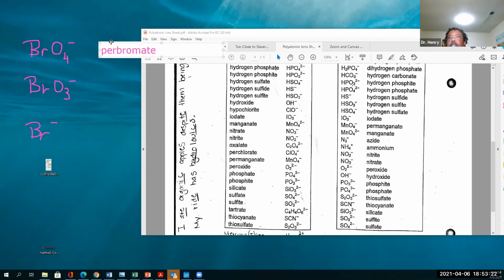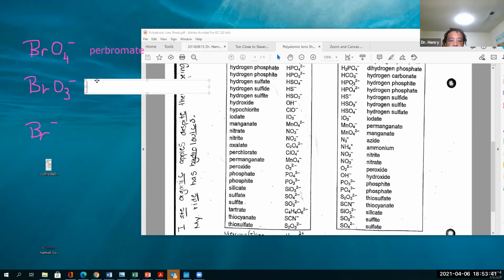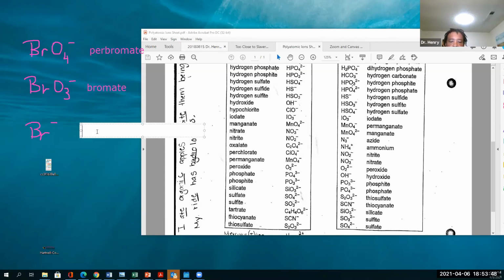You can usually look at the group that they're in and look for something on the Polyatomic Ion Table that will help you figure that out. Like for instance, perchlorate. See that down here? Okay. So then this one would be bromate. And we know that this one is bromide.